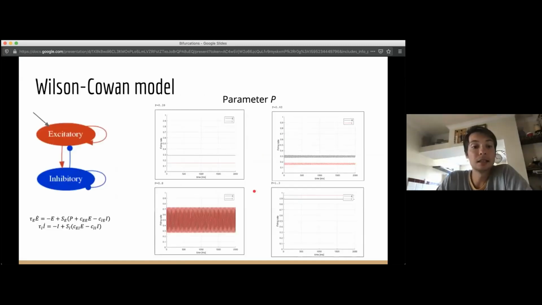And again, it might surprise you that we already came across such a bifurcation before, and that was during session 1 when you were analyzing the Wilson-Cowan model that was describing a neuronal population consisting of excitatory and inhibitory neurons communicating with each other. There was also some external current applied to the excitatory part.